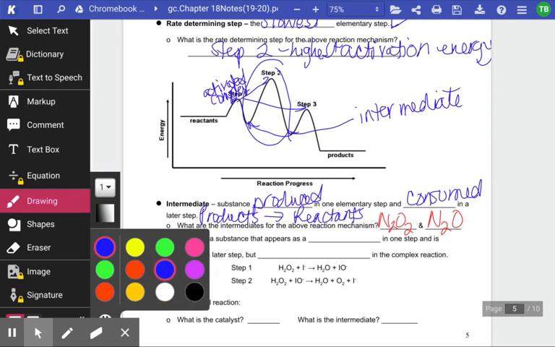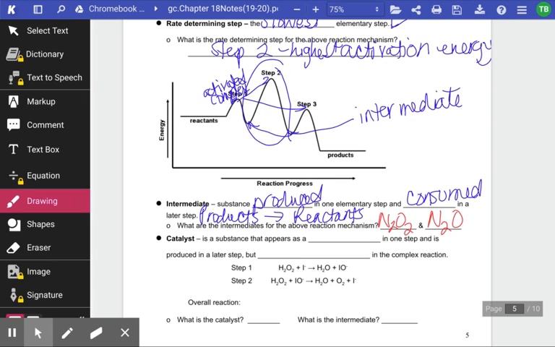Now, something else that we'll notice in reaction mechanisms are catalysts. Now, reaction mechanisms, if they have more than one step, will always have an intermediate, but they don't always have a catalyst. So the reaction mechanism that we looked at above did not have a catalyst to it. A catalyst, we know, works by lowering the activation energy and speeding up the reaction rate.